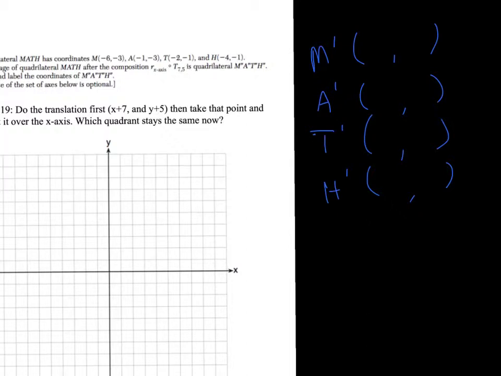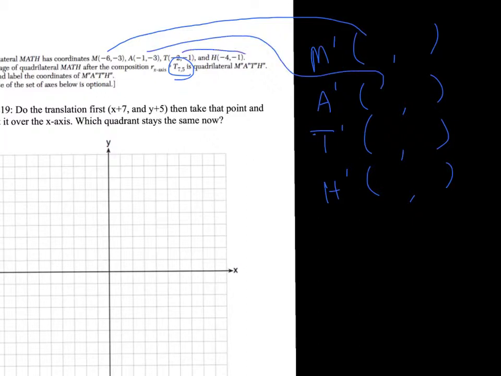So let's see, they want me to do a transformation of 7, 5, which means add 7 to all the x's. So every x is going to get 7 higher than it used to be. So negative 6 plus 7 would be positive 1. Negative 1 plus 7 would be 6. Negative 2 plus 7 would be 5.